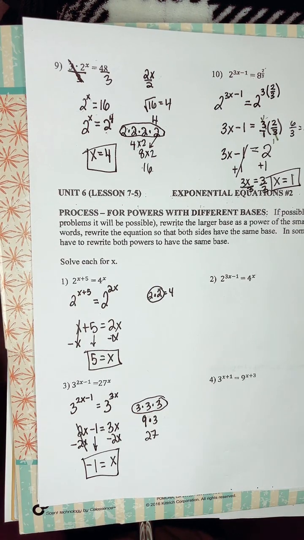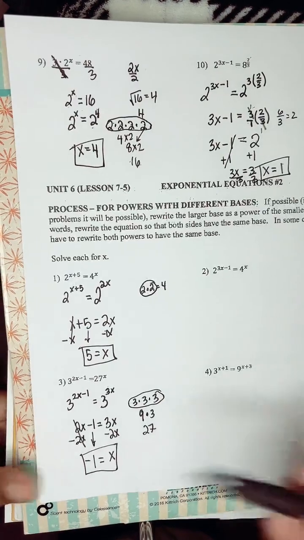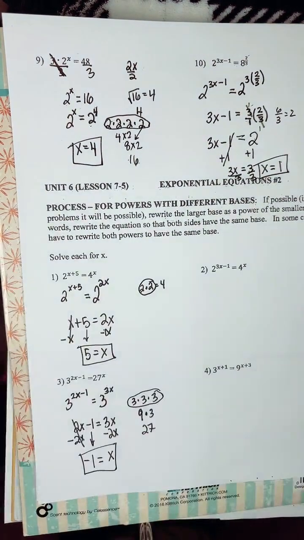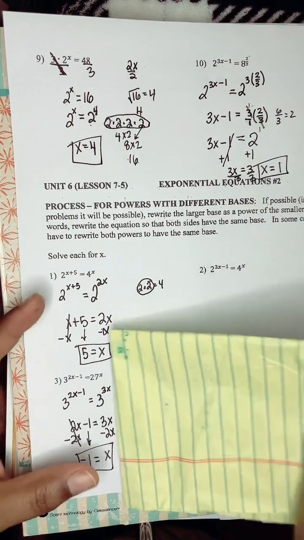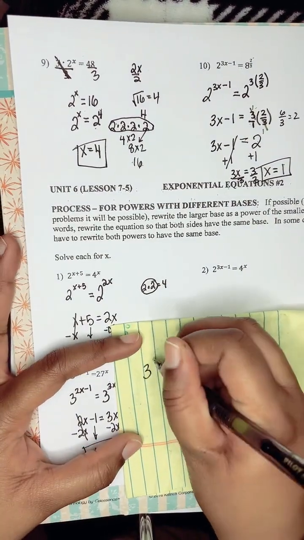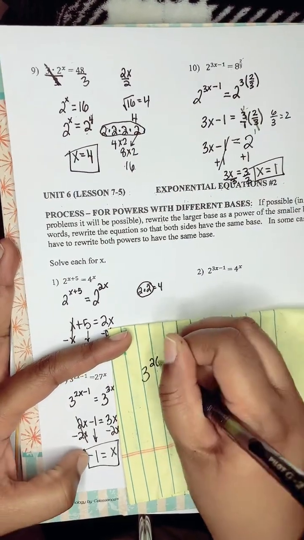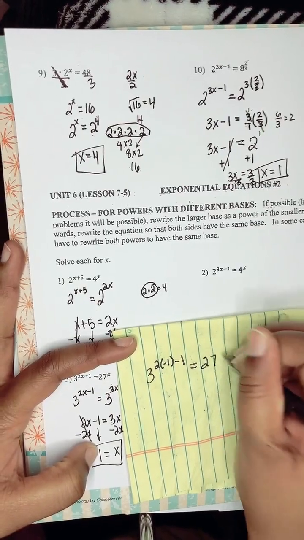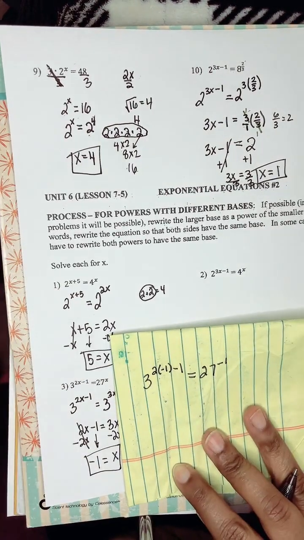Now let's make sure it actually makes sense, right? Does that actually work? Oh, yeah, it does. Let me show you why it works. Let's check our work. So if we plug in negative 1 for x, 2 times negative 1 minus 1 equals 27 to the negative 1 power.